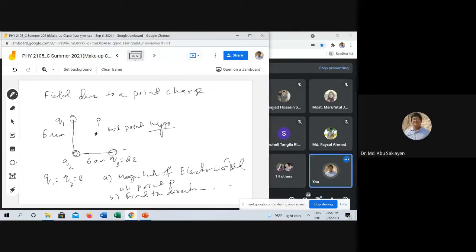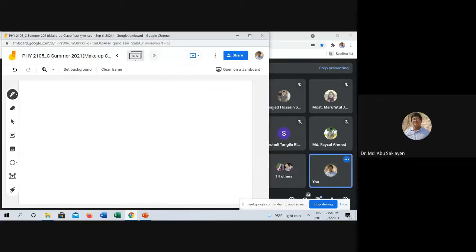What is the magnitude at first? So you need the distance also, is it not? Yes, sir. So this is the hypotenuse and this is the midpoint of the hypotenuse.